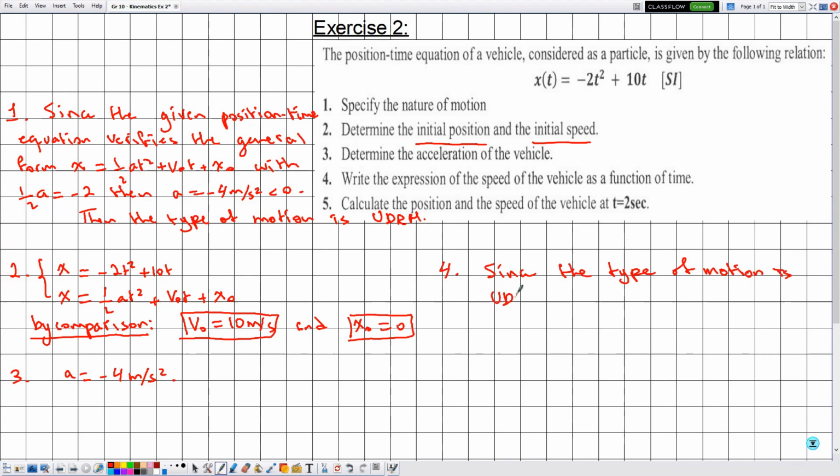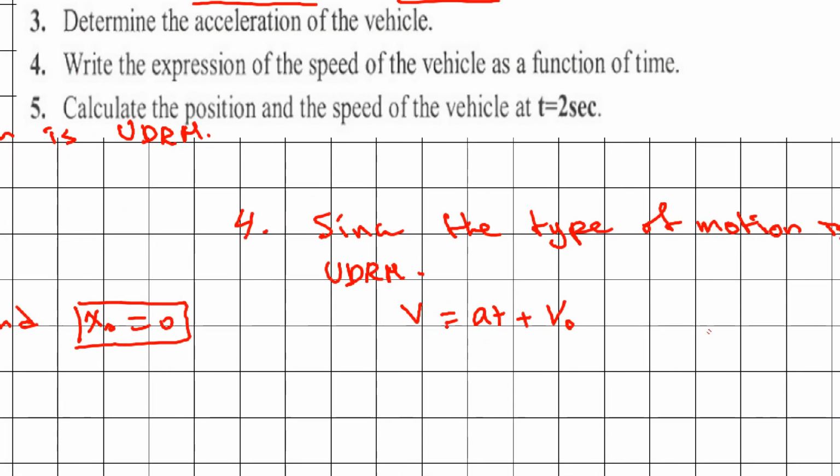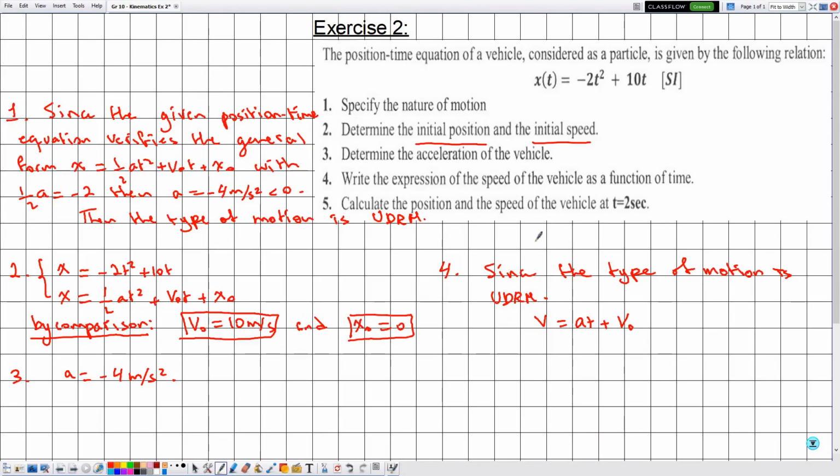Then let's justify and say, since the type of motion is UDRM, then the expression of the speed as a function of time is given by v is equal to at plus v0. Why must the speed be expressed as a function of time? Because the nature of motion is UDRM, so the speed will change because the vehicle undergoes deceleration. But we know that the value of a is given by -4 meters per second square, and the value of v0 is given by 10 meters per second.